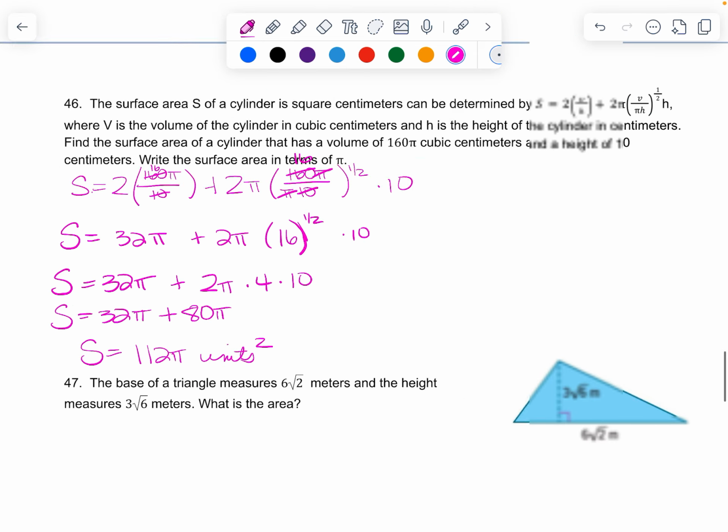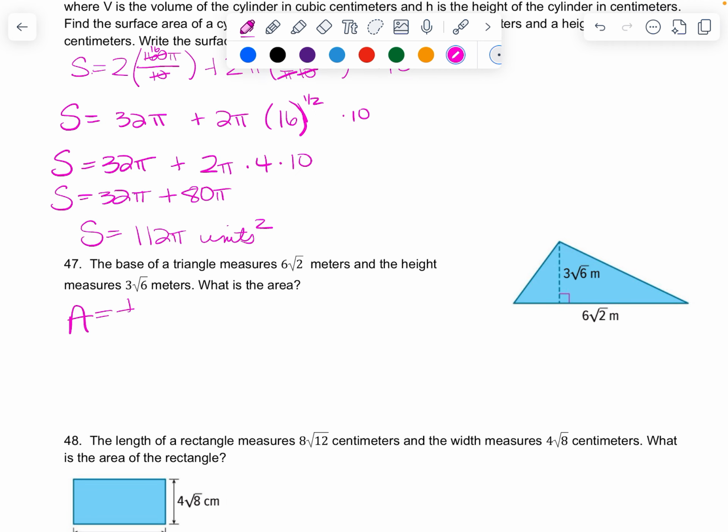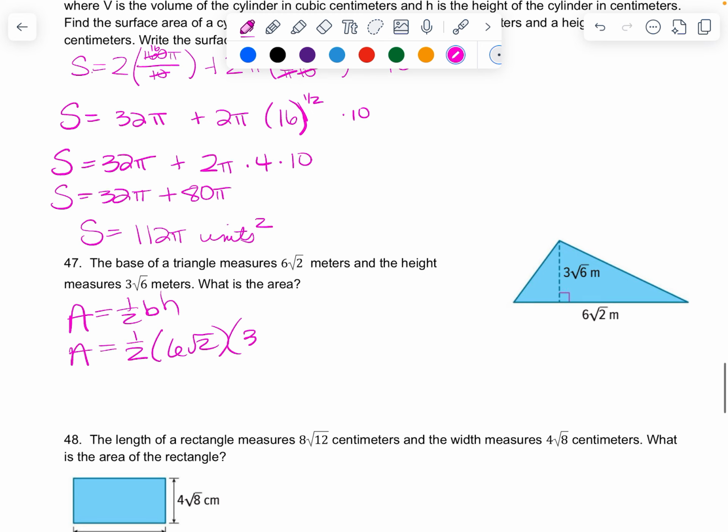Okay, so the next one, the base of the triangle measures 6 radical 2 meters, and the height measures 3 radical 6 meters. What's the area? So area equals 1/2 base times height. 1/2, the base is 6 radical 2. The height is 3 radical 6.